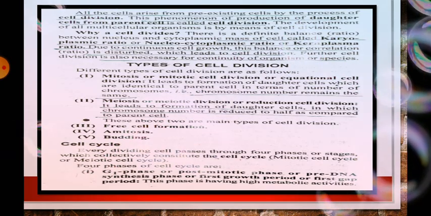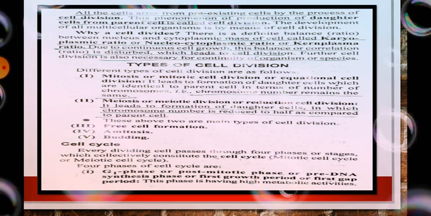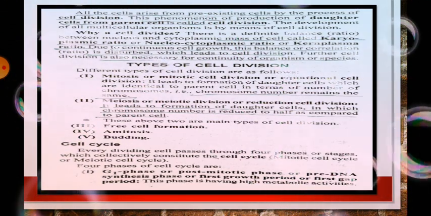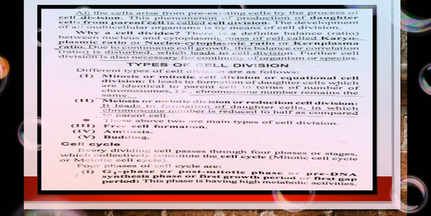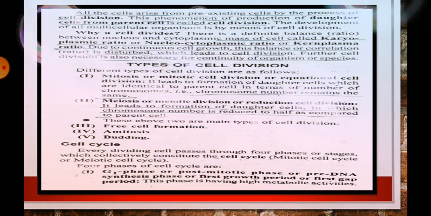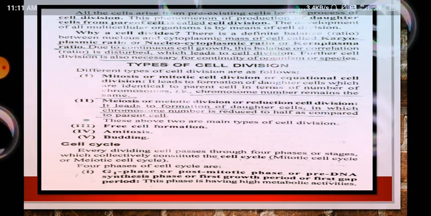Then comes why it is necessary for cell division. Due to continuous cell growth, if cell division does not occur, the balance between the nucleus and the cytoplasm is disturbed.